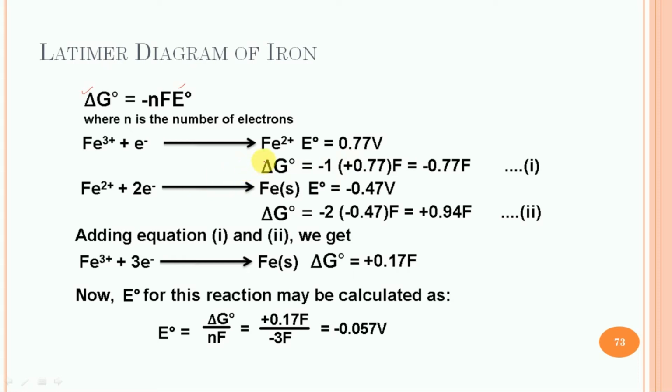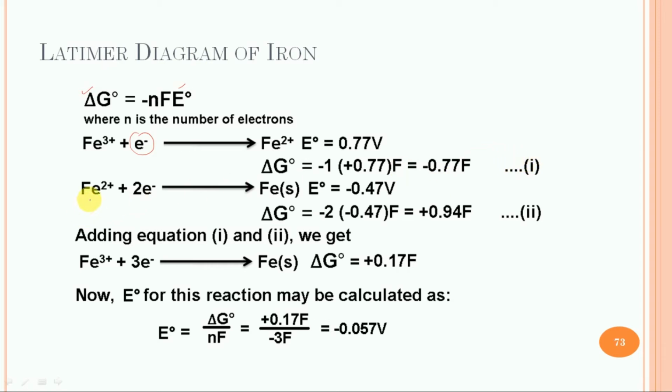So delta G in this case is equal to minus 1, the number of electrons that change during the reaction, times plus 0.77 into F, which is equal to minus 0.77 F. So this is equation number 1.